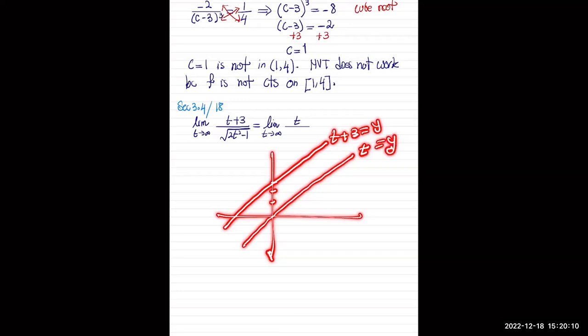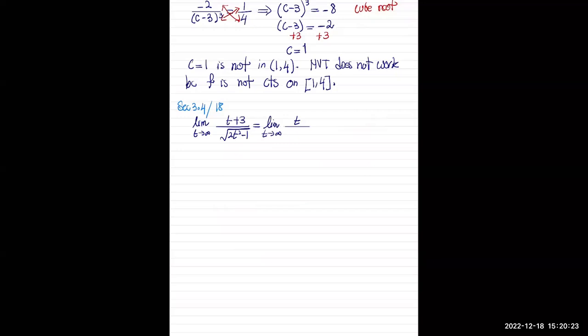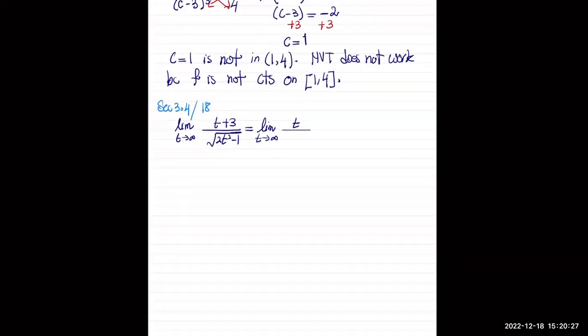They both have the same end behavior. They both go to infinity the same way, they're parallel. In the denominator, we have 2t squared and negative 1. 2t squared leads.